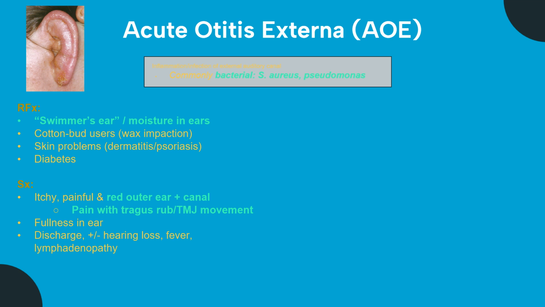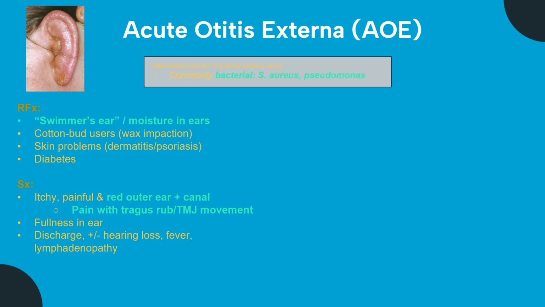In terms of your symptoms, you've got your red outer ear and ear canal, as you can see up there, and it's going to be quite itchy and quite painful. Particularly with TMJ, temporomandibular joint movements, as well as what we call a tragus rub. If you pull or manipulate the tragus, that could be quite painful.